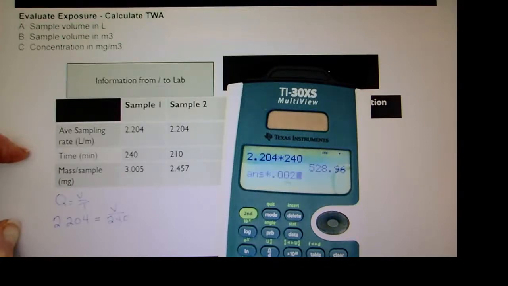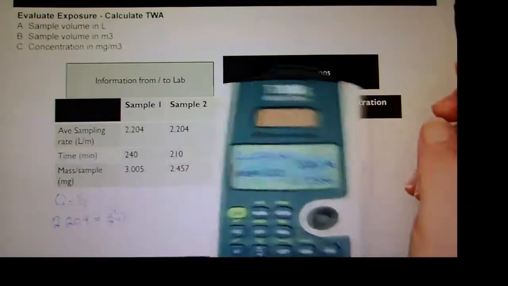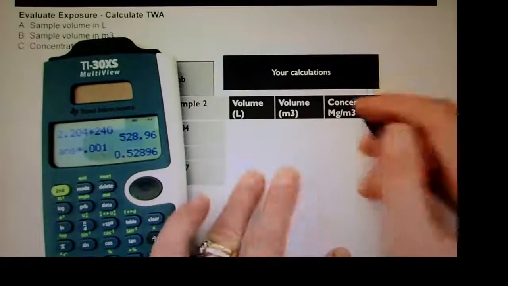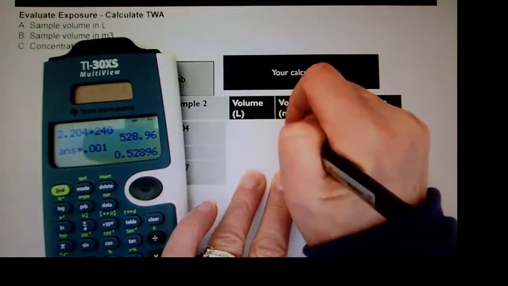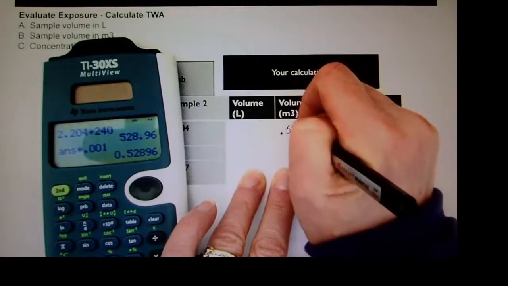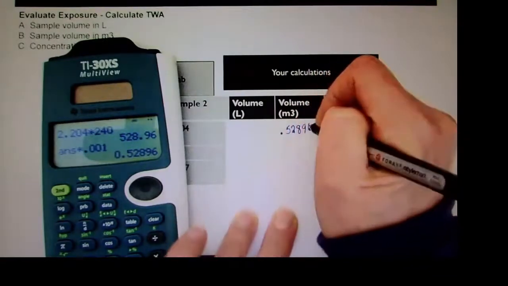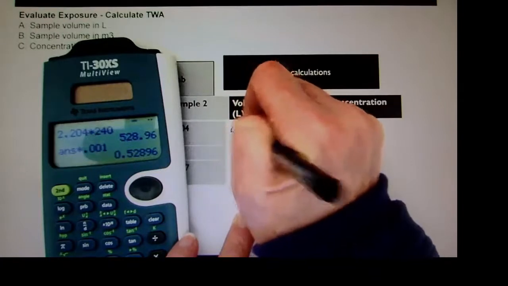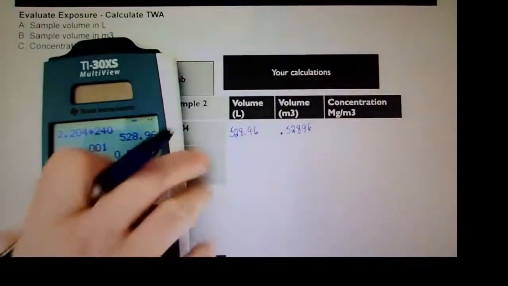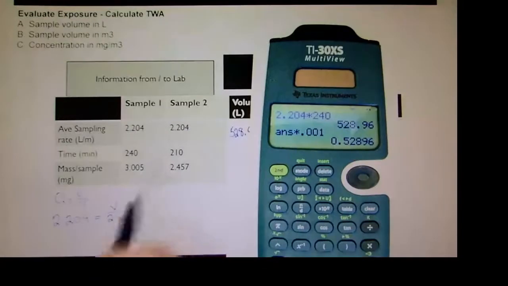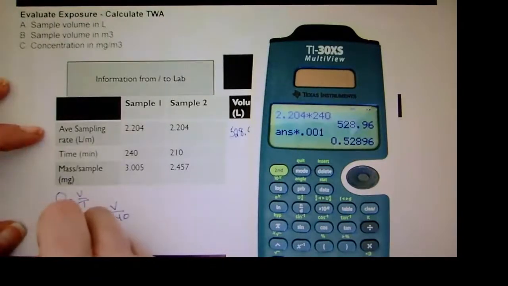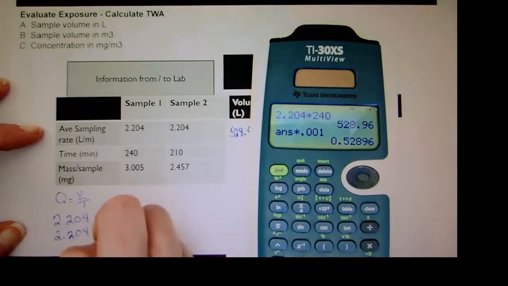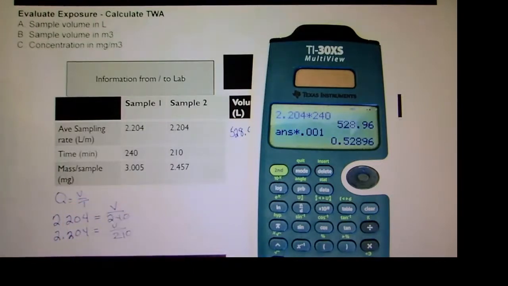Oops, wouldn't have done that right. All right, for our first one. And now we'll do the second one, where we just have a different time.